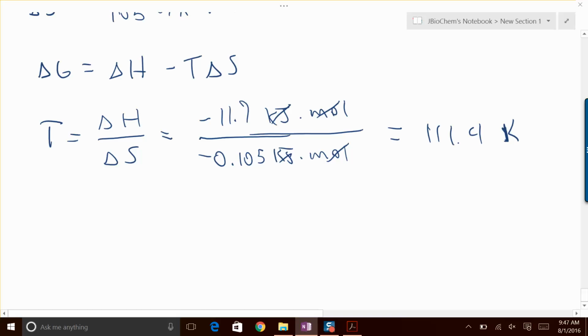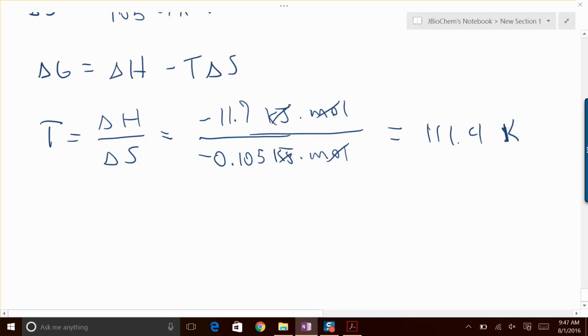And so it's going to cause that term to become more and more positive, thus overcoming the negative of the delta H and making delta G positive.